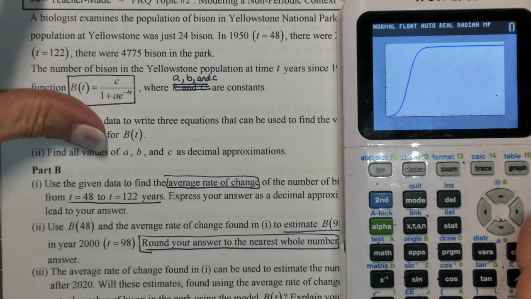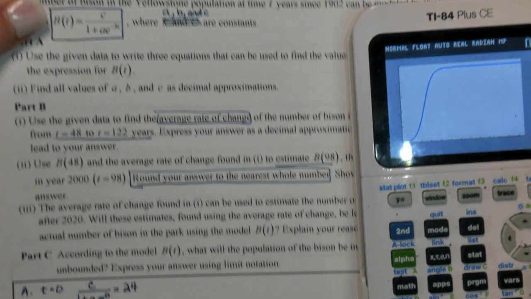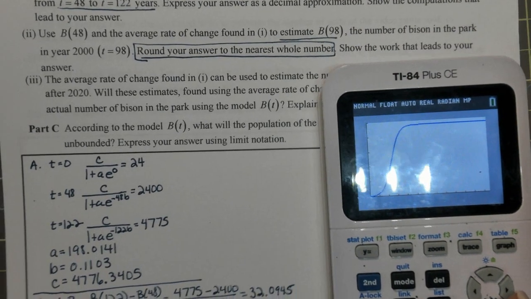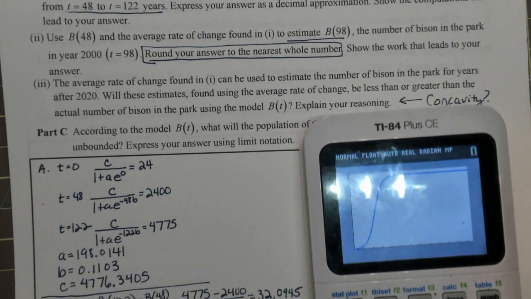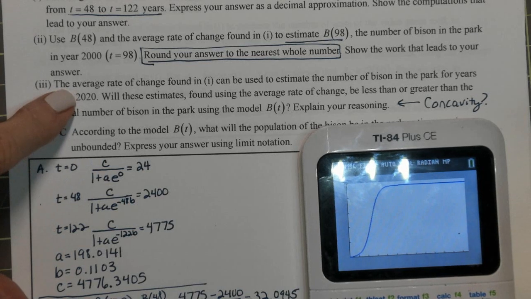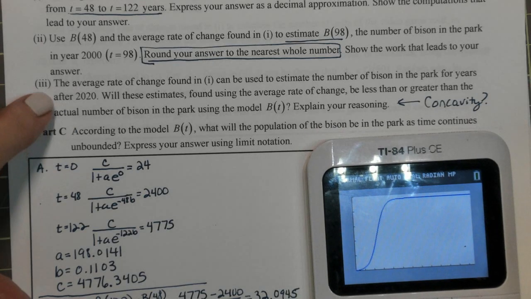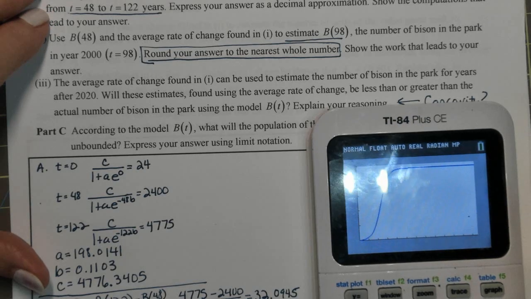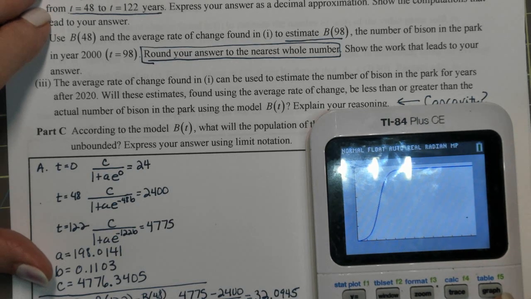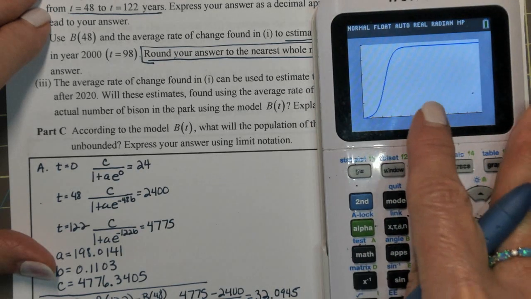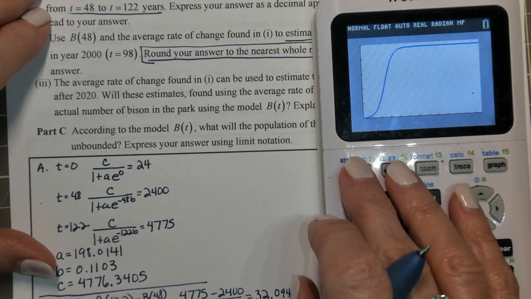So we want to know, when we're using the average rate of change to estimate values of bison, will it be less than or greater than this? So I'm going to go in here.